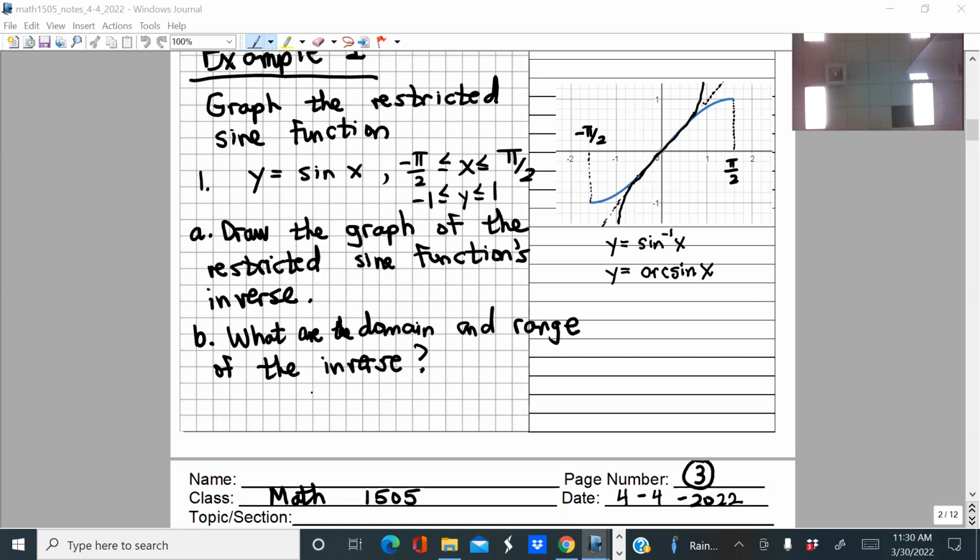So the domain for the inverse function is going to be the same as the range for the original function. So that's numbers between -1 and 1. And the range for the inverse function is going to be the domain for the original function. So that's numbers between -π/2 and π/2. So this is the range for the inverse, and this is the domain for the inverse.